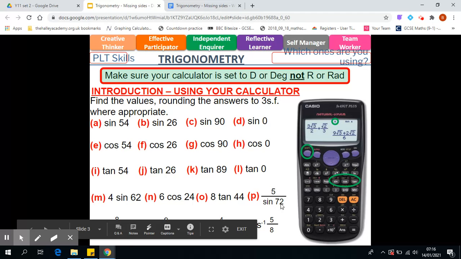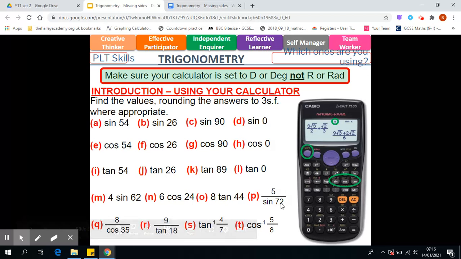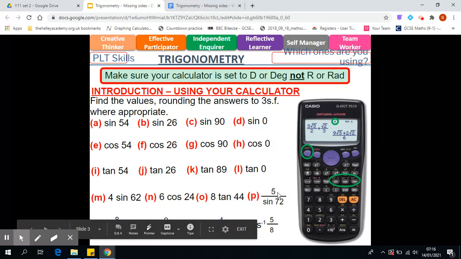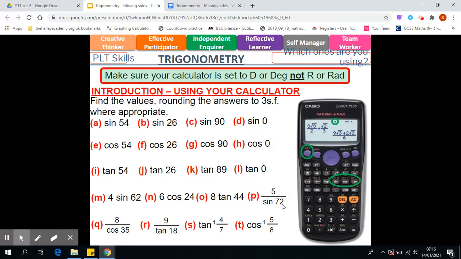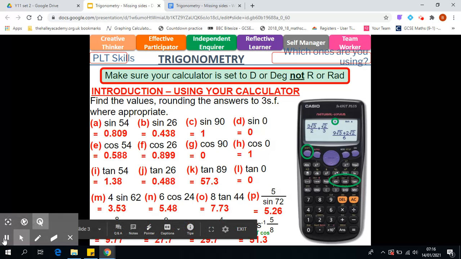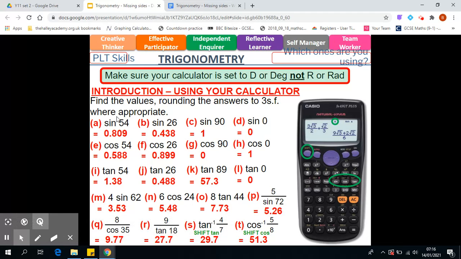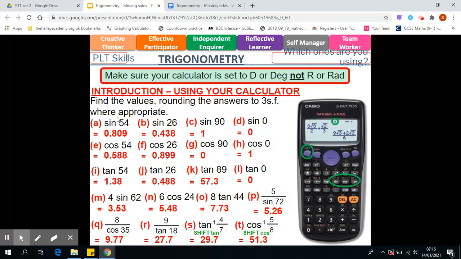If you're using the calculator in your Chromebook, then use 5 divided by sine 72 degrees. Here are your answers. Press pause and verify your answers. The answers are also on slide 3 for your reference.